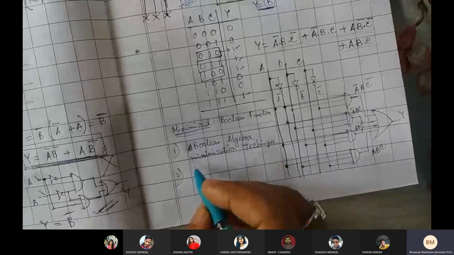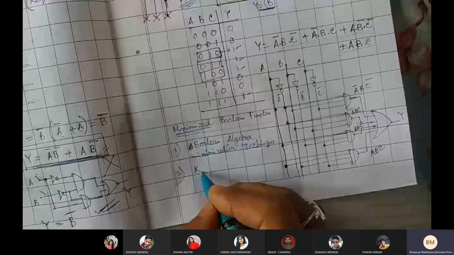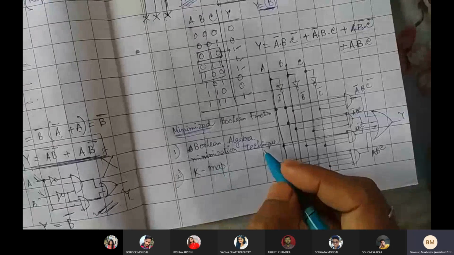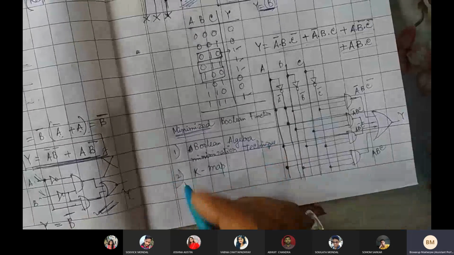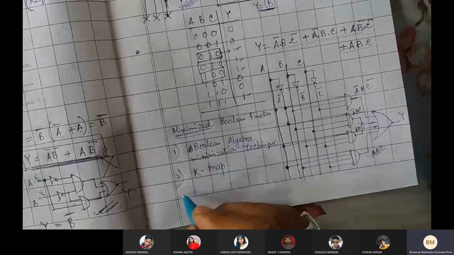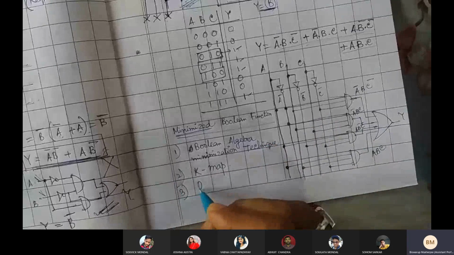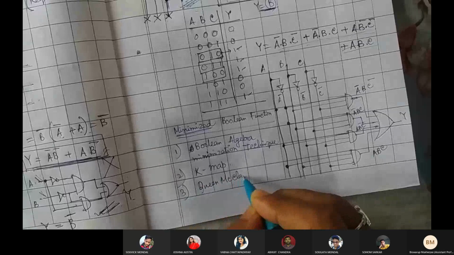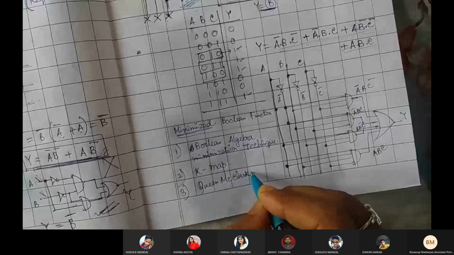The next step is you can use the K-map. Karnaugh map is another one, and there is another one called the Quine-McCluskey method.